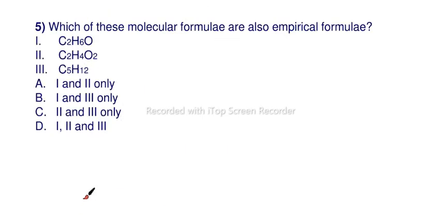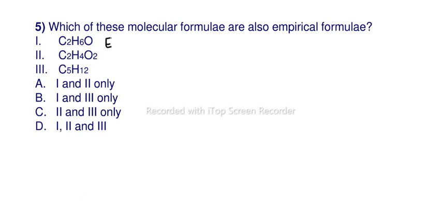For the last multiple choice, which is number 5, which of these molecular formulas are also empirical formulas? So another time, we need to think in the same way. I think now that you are familiar with how you can answer. So think about it for a few seconds. C2H6, can you simplify? Is it empirical? Is it molecular?